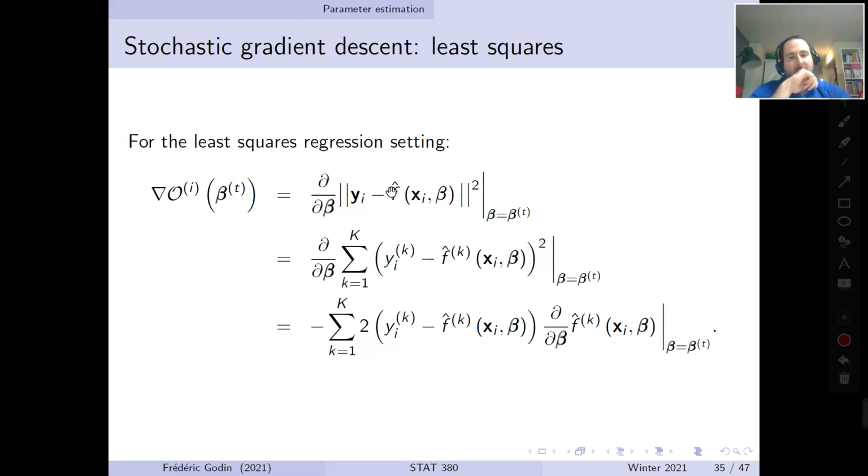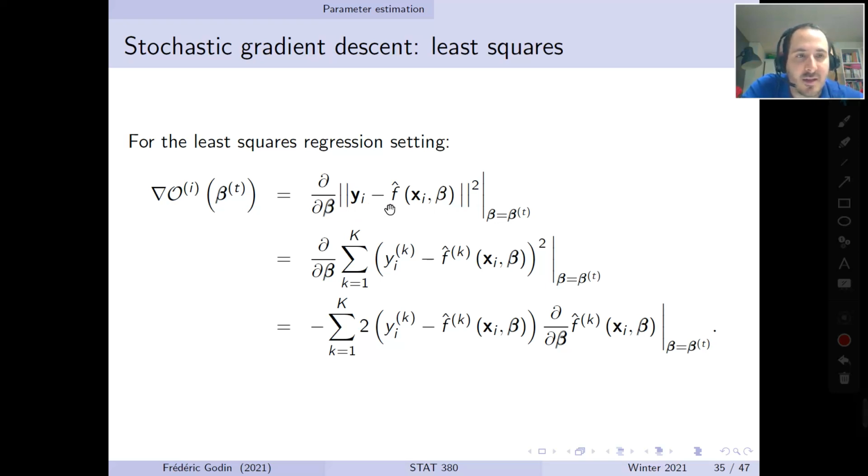Okay, so then let's illustrate how to calculate the gradient for the ith component of the objective function. Here in the least squares approach, this gradient is simply the vector of partial derivatives with respect to all parameters beta of the squared prediction error, where again the responses are in k dimensions.